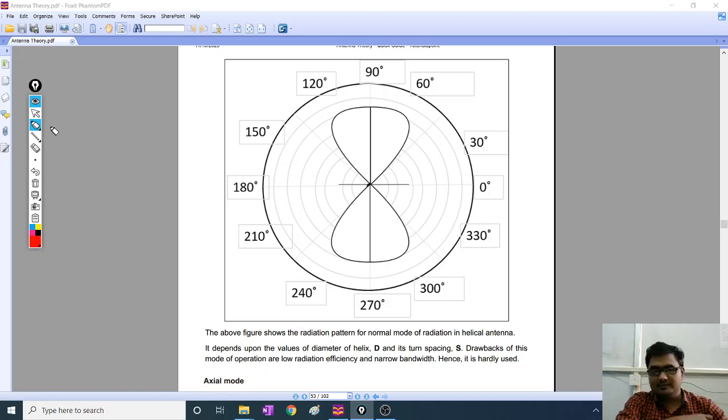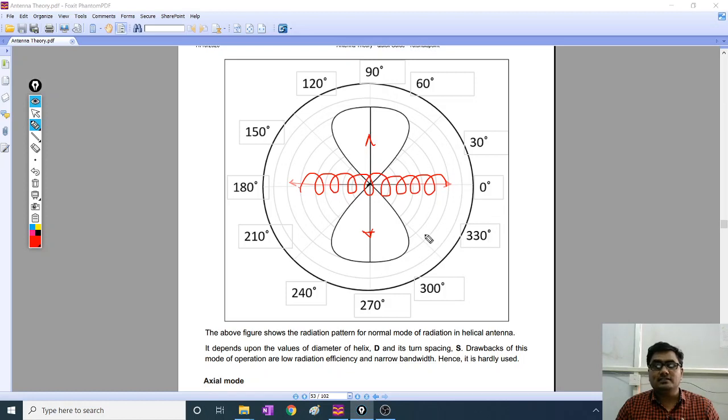As I said, if this is the axis of the helical antenna, it means the helical antenna is like this. Look at this, this is my helical antenna, and the radiation is normal to the axis.